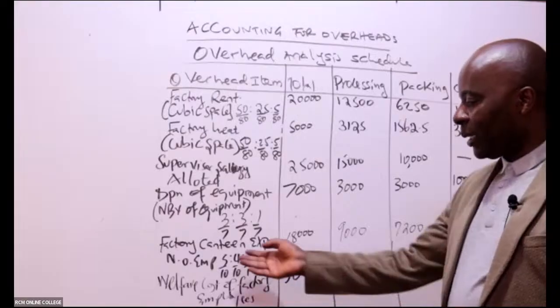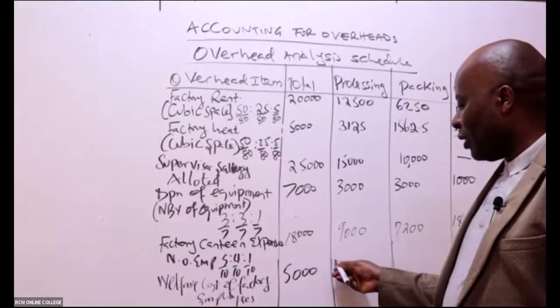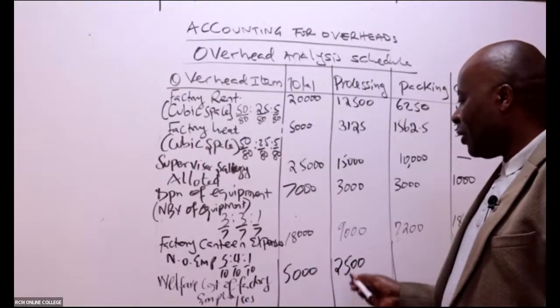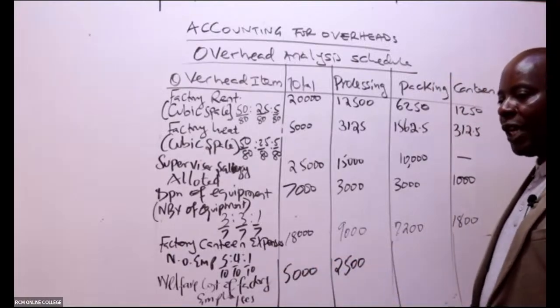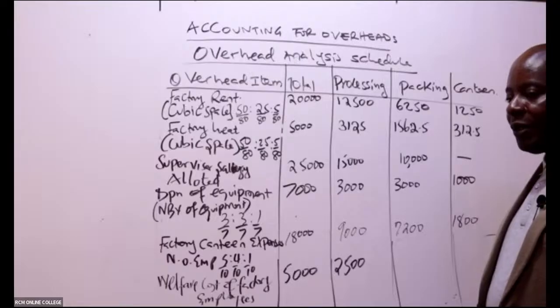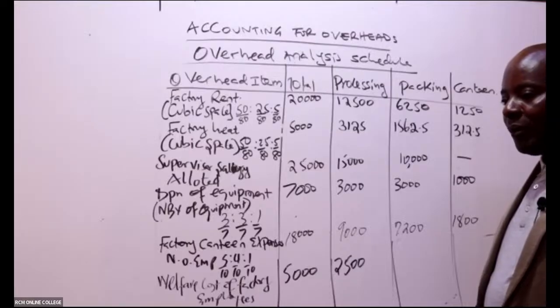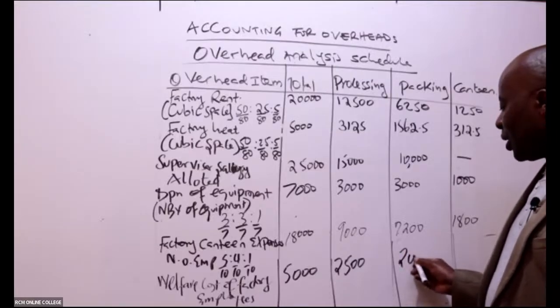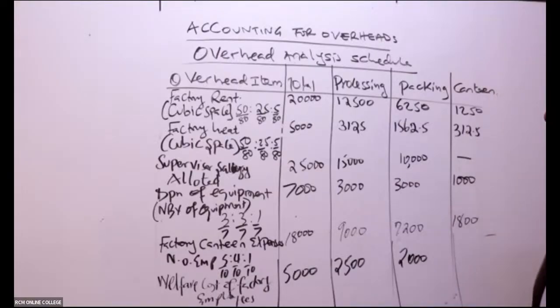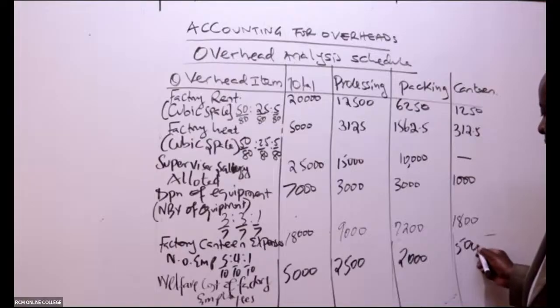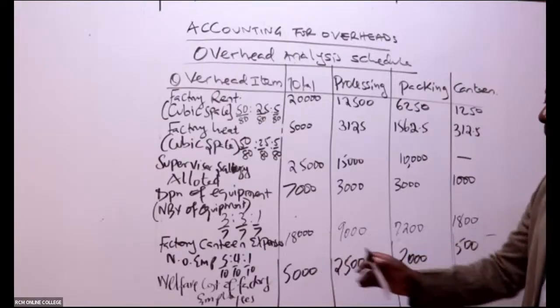So 5,000 times 5 over 10 gives me 2,500. 4 over 10 times 5,000 gives 2,000. Then 1 over 10 times 5,000 gives us 500. If you add the three numbers, you'll get 5,000.